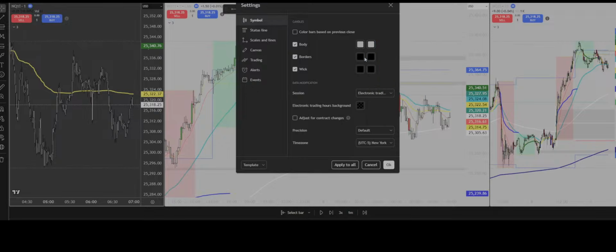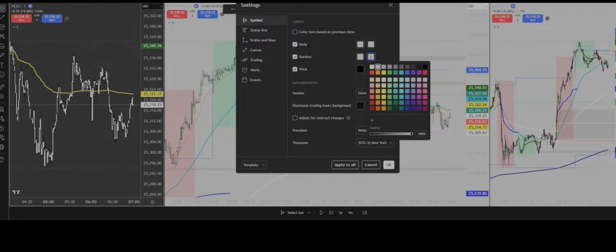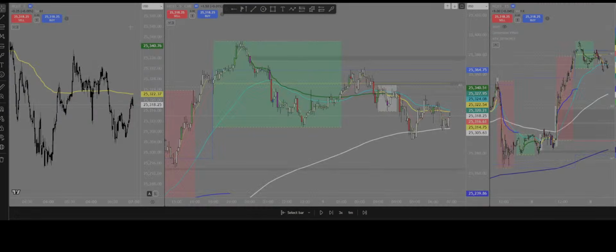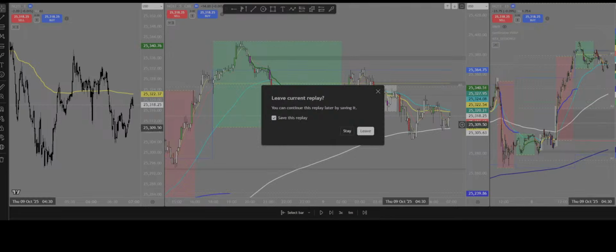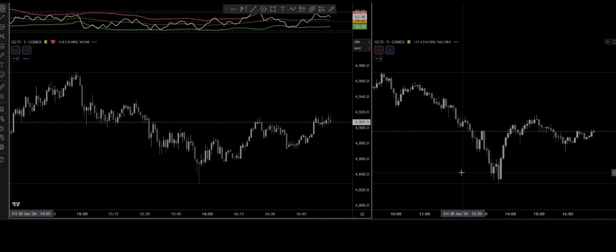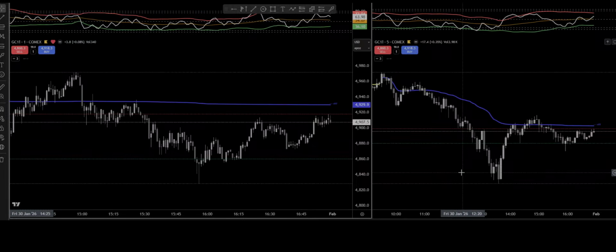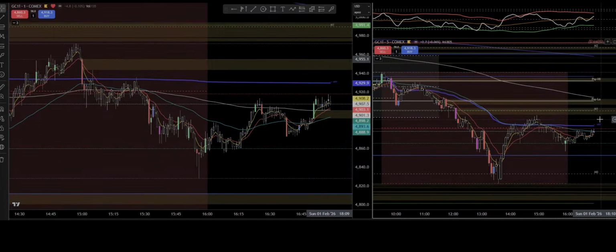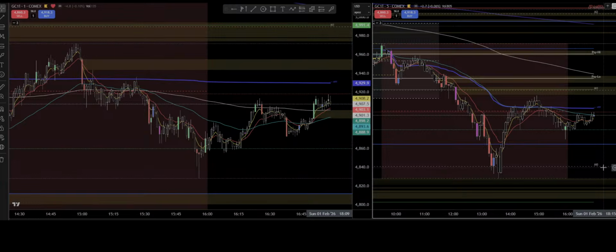I mean, honestly, I can probably do this. Yeah, that's what I was thinking too. Here, hold on, let me cancel this. Let's try this instead. How do those colors look?